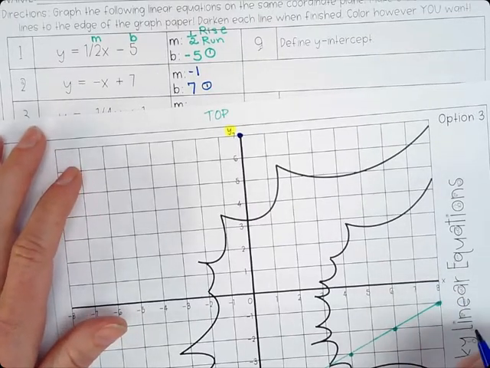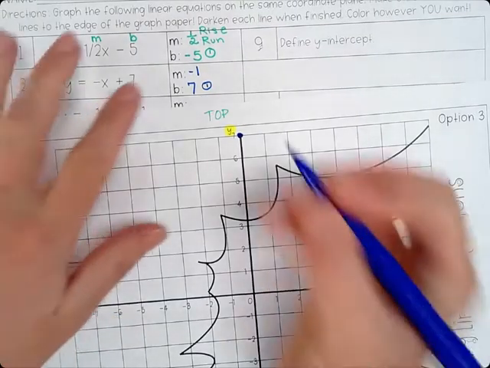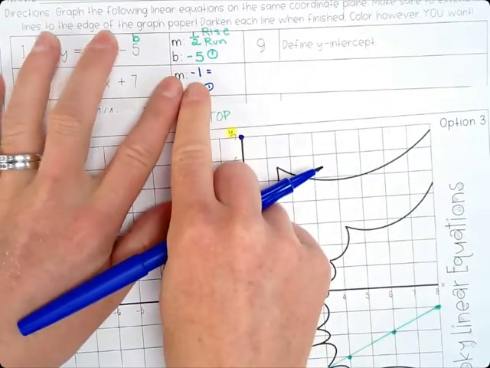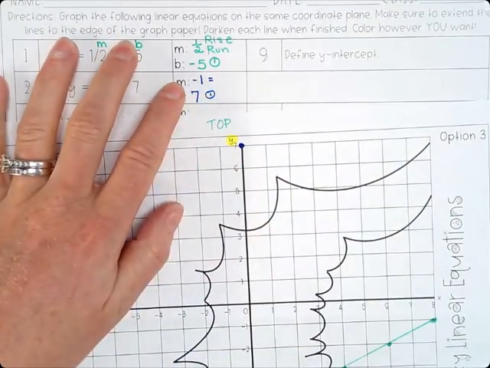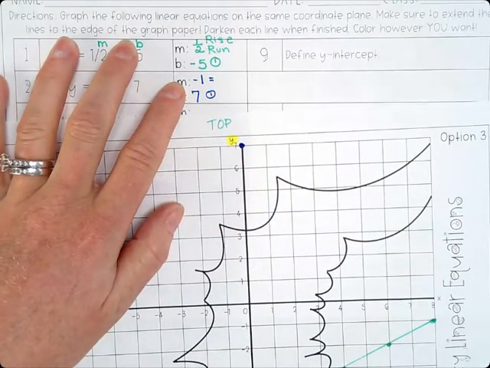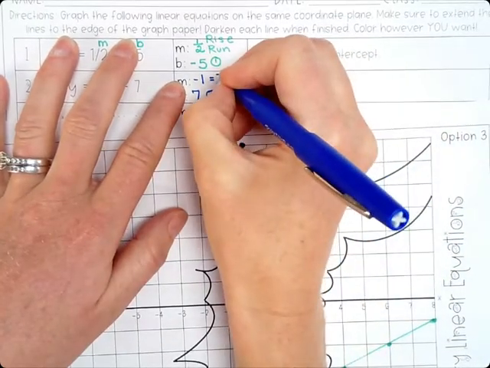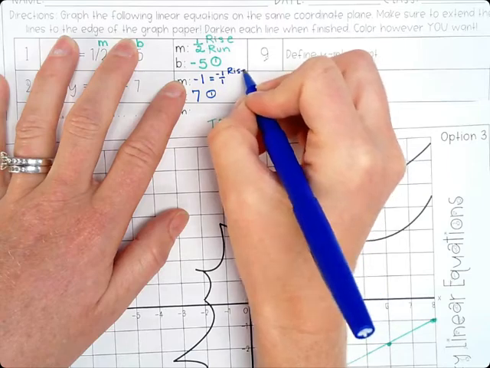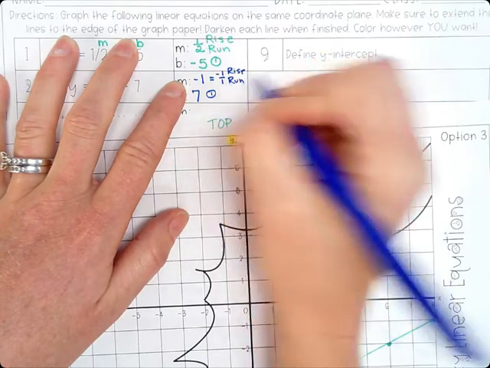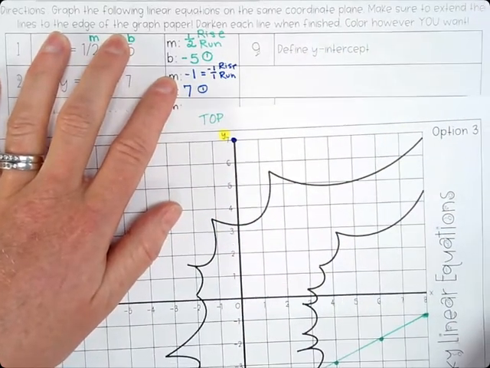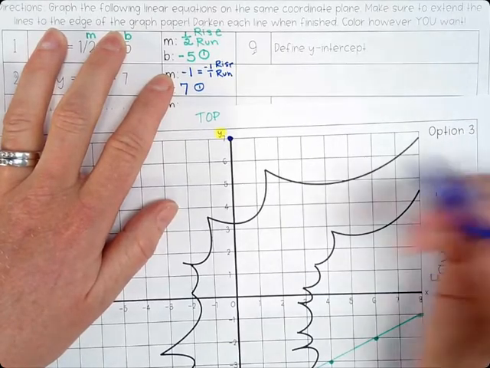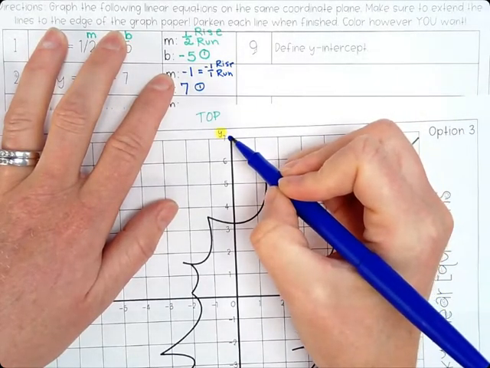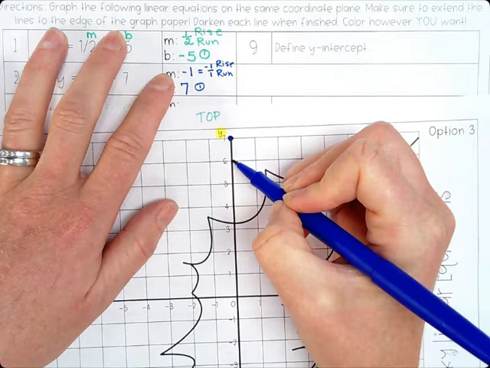Then we're going to count rise over run, but I only have one number. So how can I rewrite -1 so it has a fraction? Oh, you put it over 1. -1 over 1. So I'm going to rise -1 and run 1. Rise -1 actually means I'm going to go down 1 and then run 1.